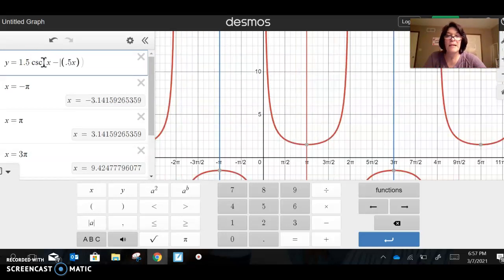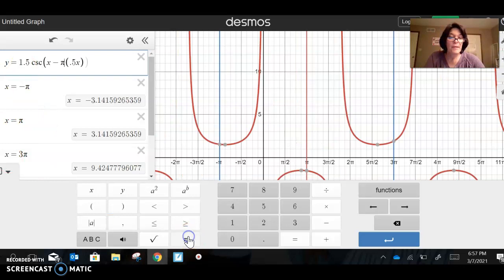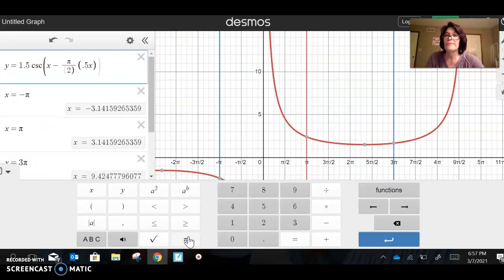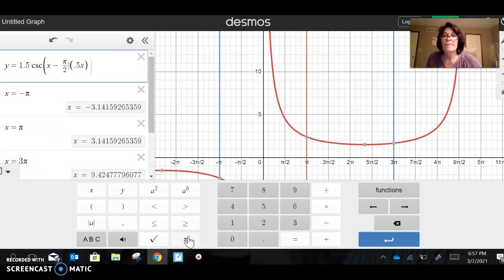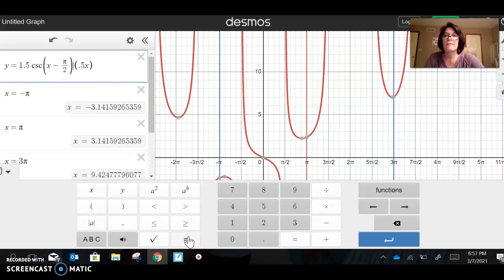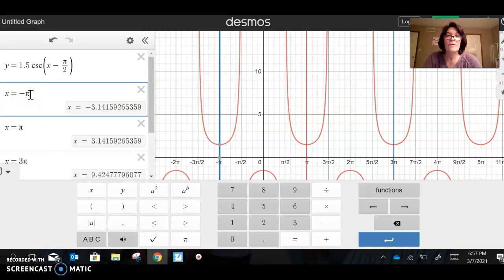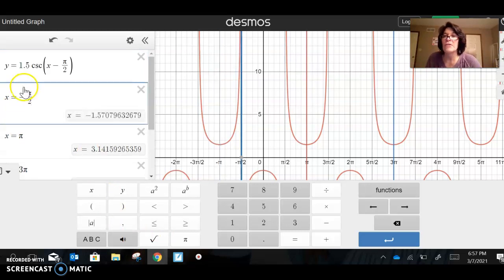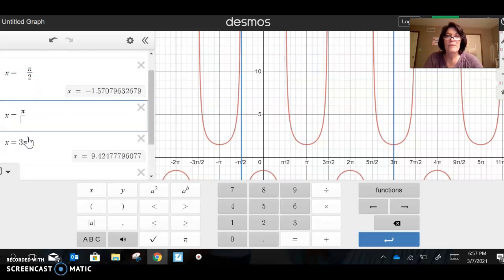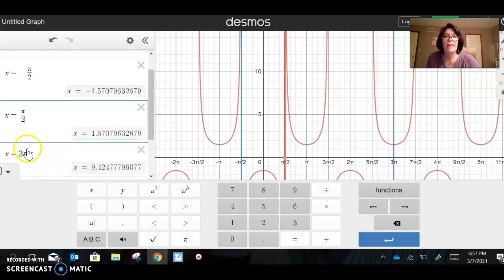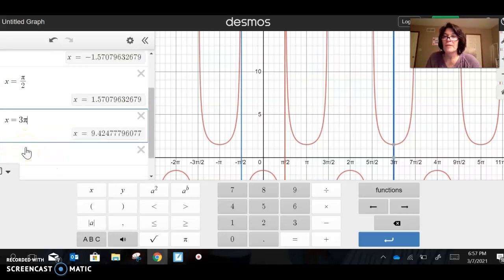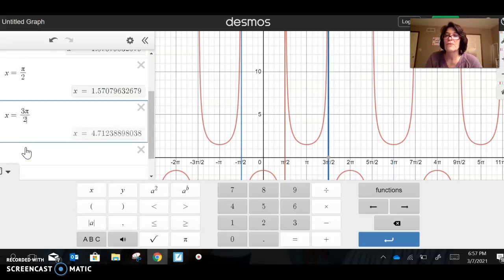Sorry, I will get rid of all this stuff. And we said our asymptotes were going to be at negative pi over 2, pi over 2, 3 pi over 2, etc.